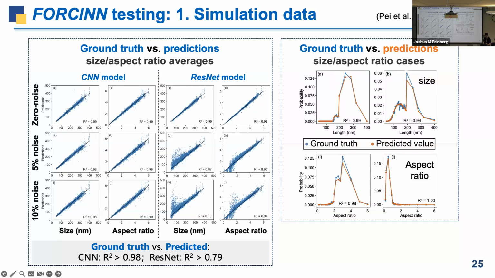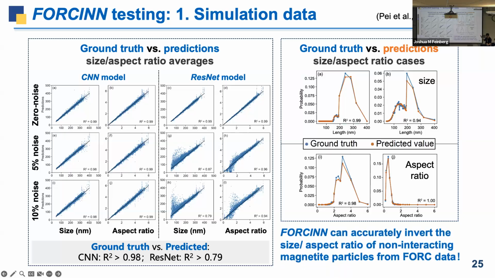If we look at some specific cases, the orange line and the blue line are the predictions and the ground truth. We can see it can predict the distributions very accurately. So this testing means the FORCing can accurately invert the size and aspect ratios, at least for non-interacting magnetite particles, from the raw FORC data.